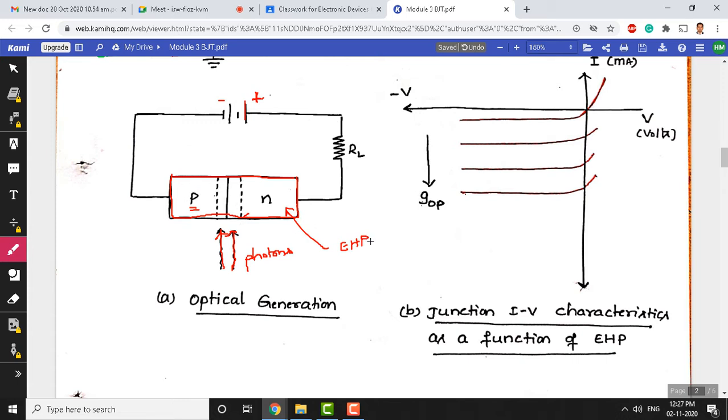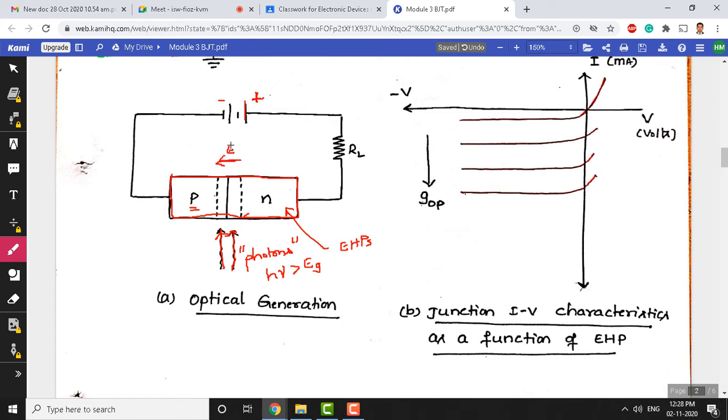The photons excite the electrons. The photonic energy h nu which you apply must be greater than the band gap energy. When you apply that, electrons excite from the valence band and move into the conduction band. So you will see a lot of electron hole pairs in all three regions, and the field in the reverse direction acts from N to P.